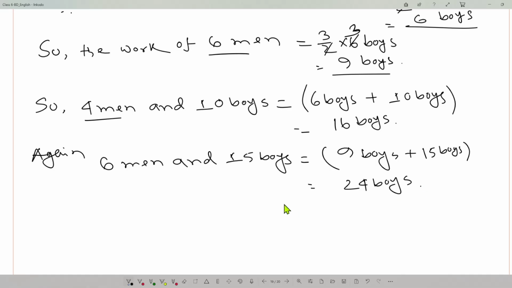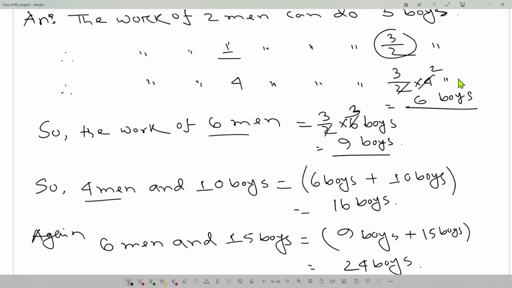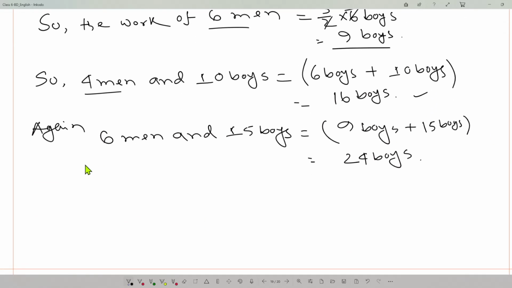Okay, now here 4 men and 10 boys together can do a piece of work in 21 days. So 4 men and 10 boys means 16 boys. We can write therefore 16 boys can do it in 21 days.